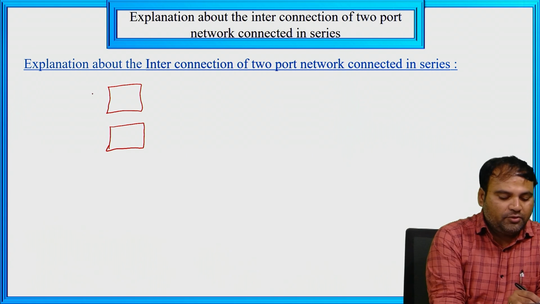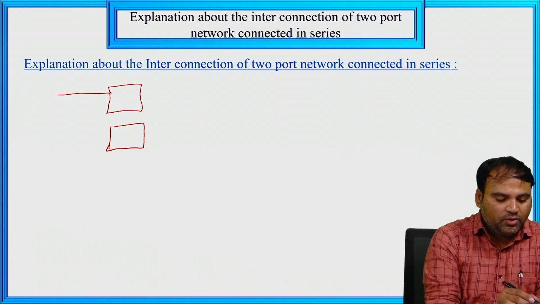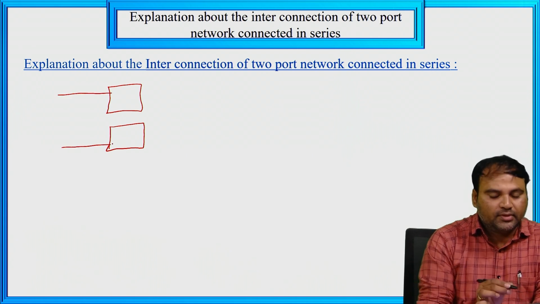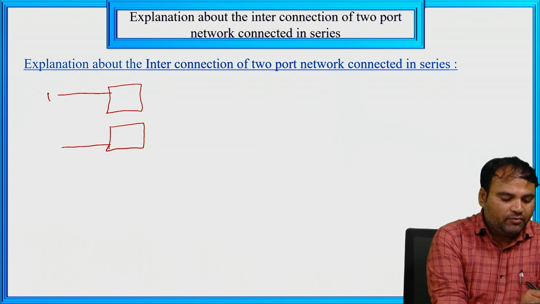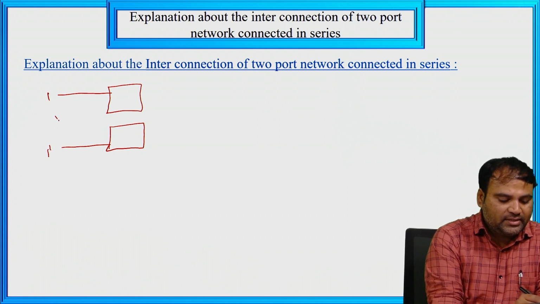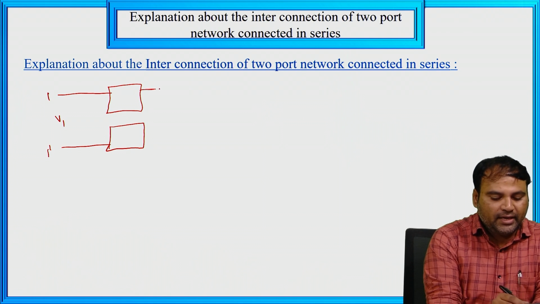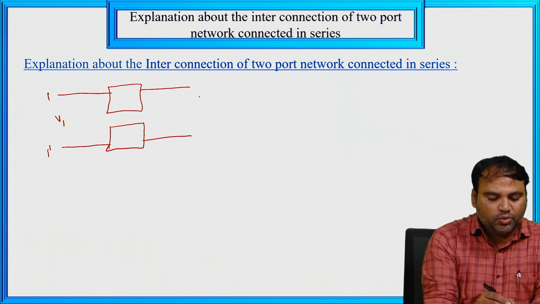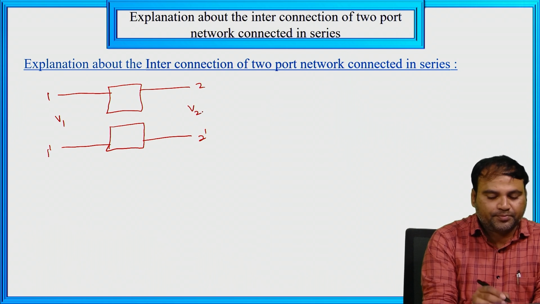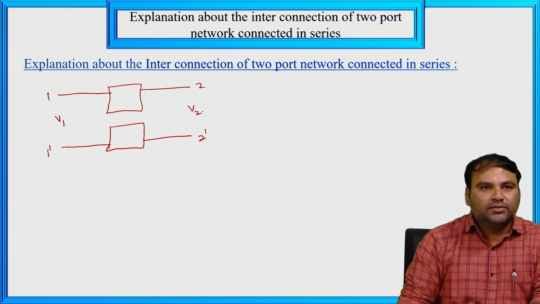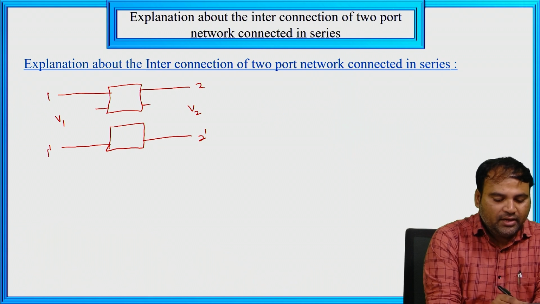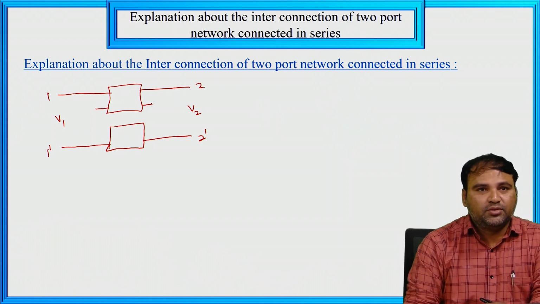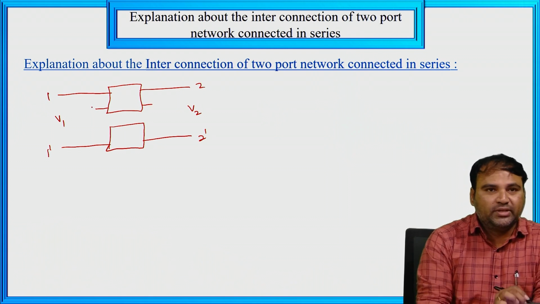For these we have the total voltages: the port 1 voltage is V1 and the port 2 voltage is V2. There is a negative terminal here and also one here, that is 1 dash and 2 dash.